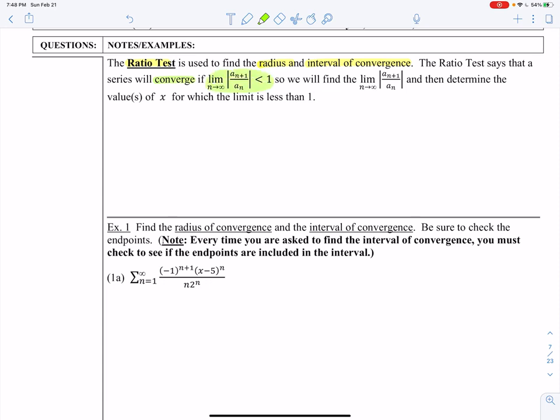We want to make all series produce a ratio test of less than 1 because then it's going to converge. So we're going to find the limit and determine the values of x for which the limit is less than 1. We're basically going to force the series to converge, and I want to know what values of x it's going to work for.